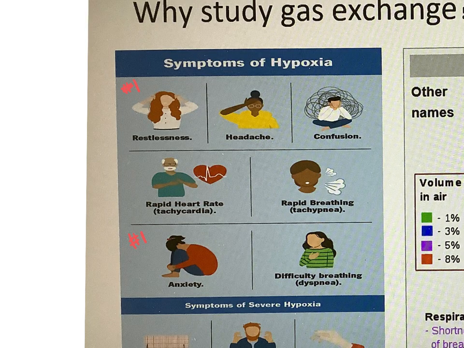Just kind of, something's not right. I don't feel right. I'm maybe kind of confused. They start answering a little funny or just kind of a little drowsy, right? Another early sign can be a headache.